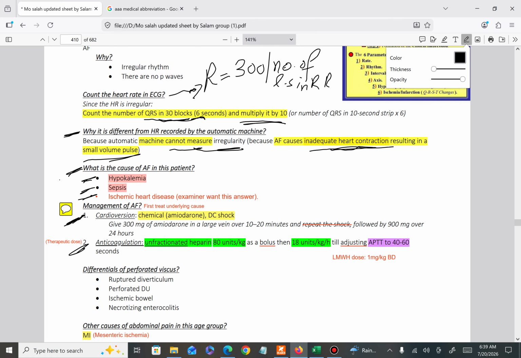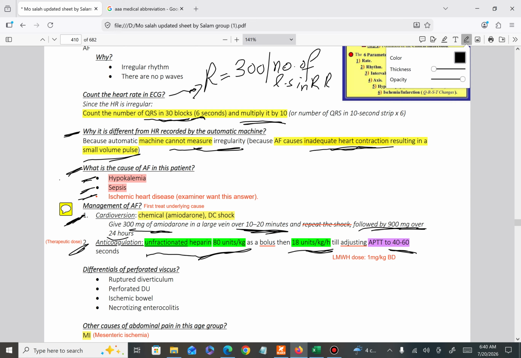In chemical cardioversion, we will give amiodarone 30-100 mg in a large vein over 10 to 20 minutes, followed by 900 milligram over 24 hours. Okay, then anticoagulation. We will give unfractionated heparin 80 units per kg as a bolus, then 18 units per kg per hour, adjusting until the APTT is 40 to 60 seconds.